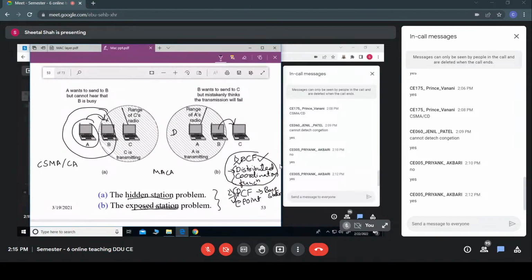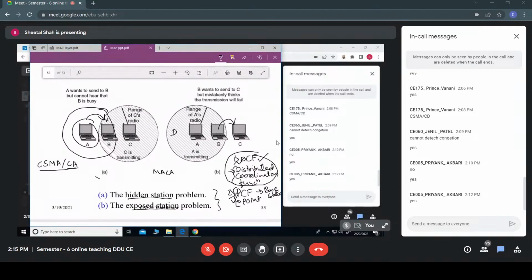Now, this DCF uses CSMA/CA. We have learnt about this CSMA/CA, that means carrier sense multiple access with collision avoidance. In CSMA, when a station wants to transmit, it first senses the channel.